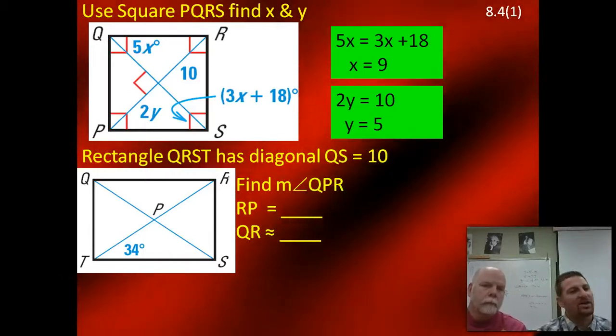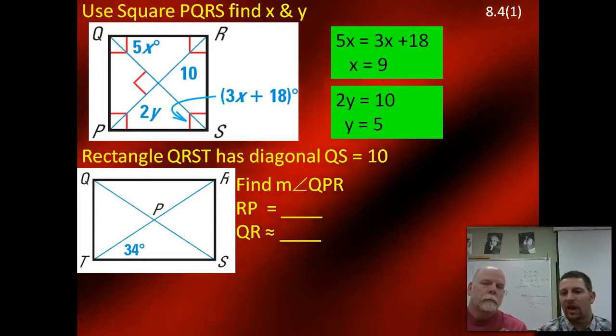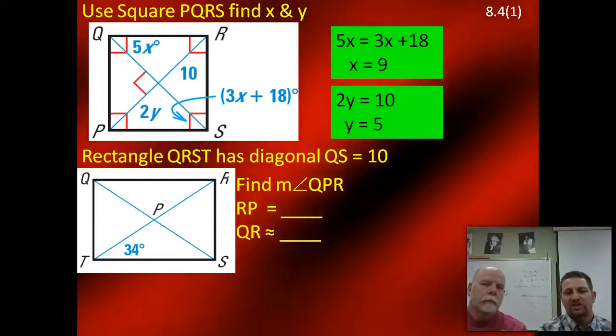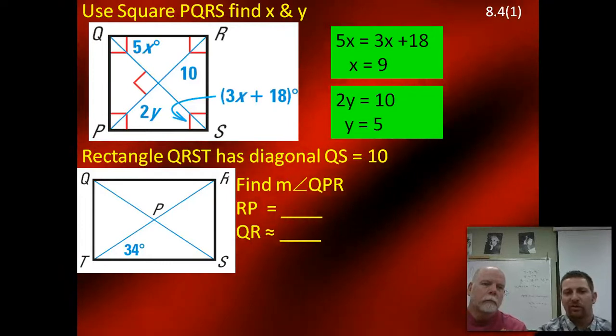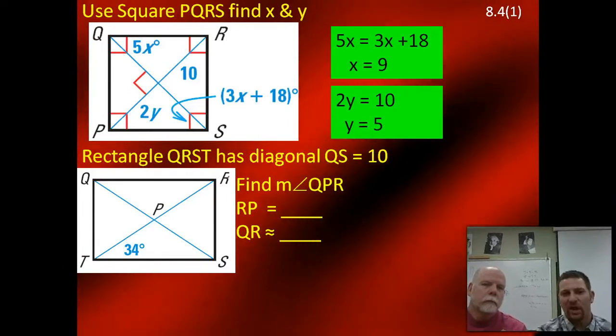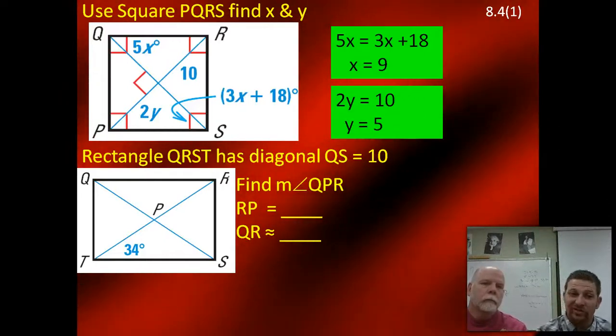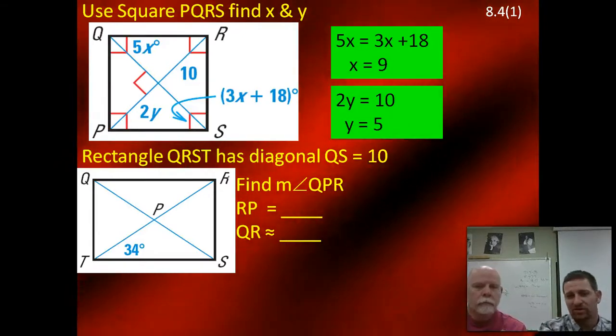If that angle is 34 degrees at the bottom left corner, then angle PST on the bottom right corner is also 34 degrees. 34 plus 34 is 68, and 180 minus 68 tells me angle TPS is 112. Based on vertical angles, if TPS is 112, then QPR must also be 112.